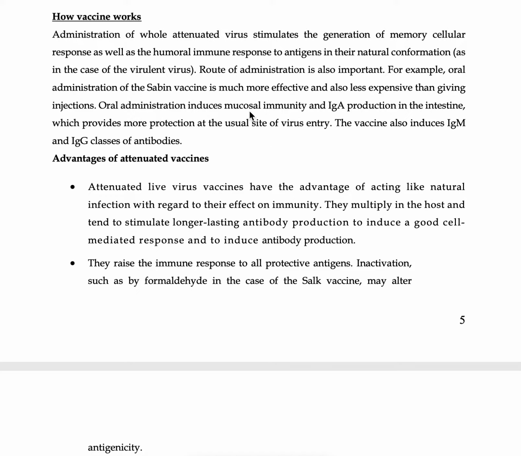Also, Sabin virus induces IgA production in the intestine. IgA is the antibody more frequently present in the mucosa, the mucosal membrane of the respiratory tract or intestine, and as IgA is produced, it provides additional protection. This vaccine also induces IgM and IgG antibodies.